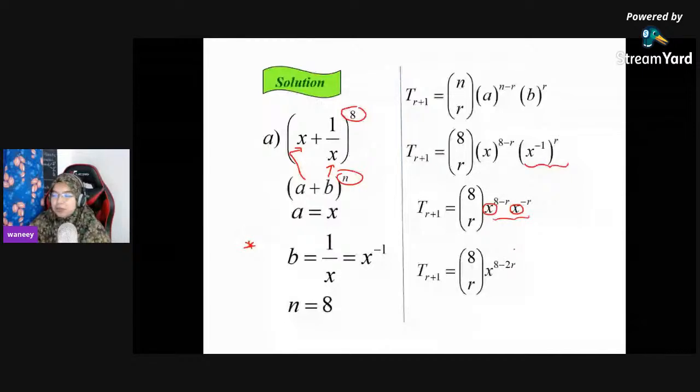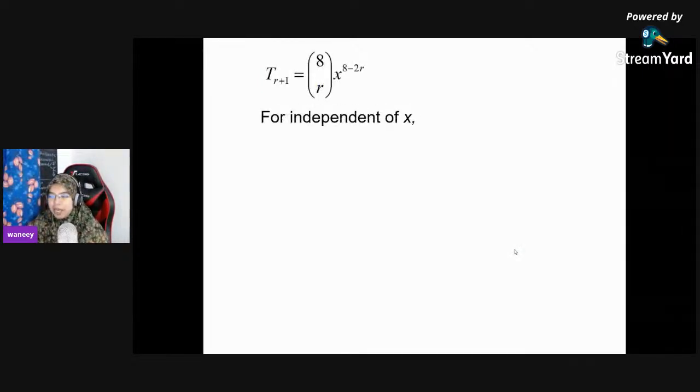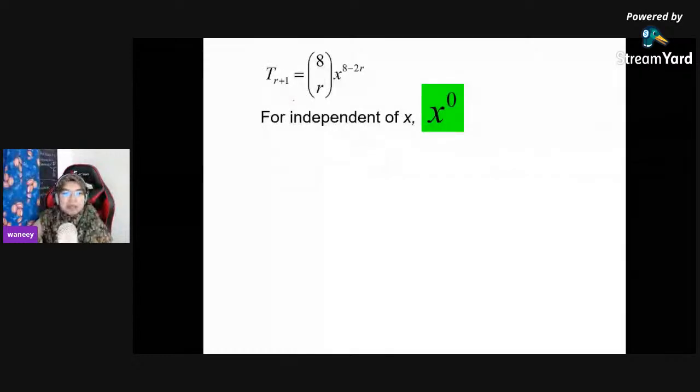Okay, so now let us see. We want something to be independent of x. To be independent of x, it simply means that x must be to the power of 0. Sometimes we might call them a constant term. So constant term or independent of x, they mean similar thing. Both of them simply mean that we should have x to the power of 0.